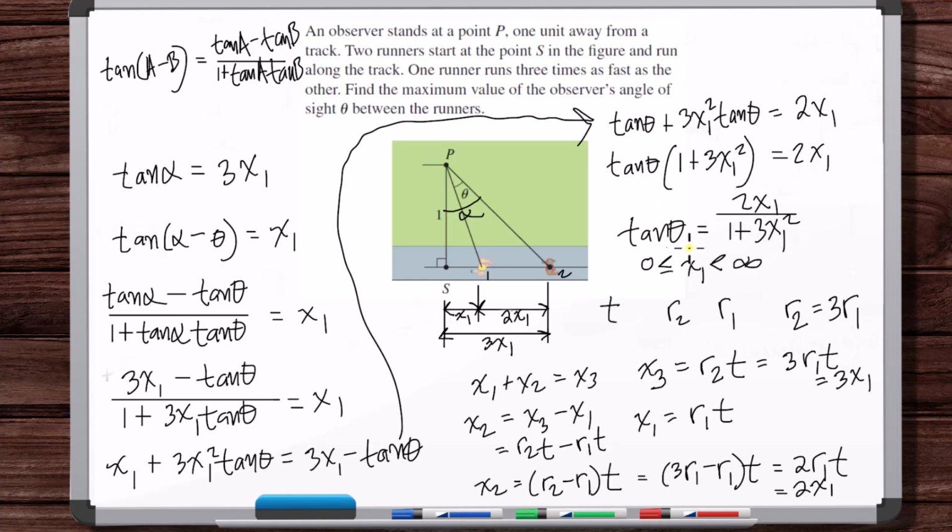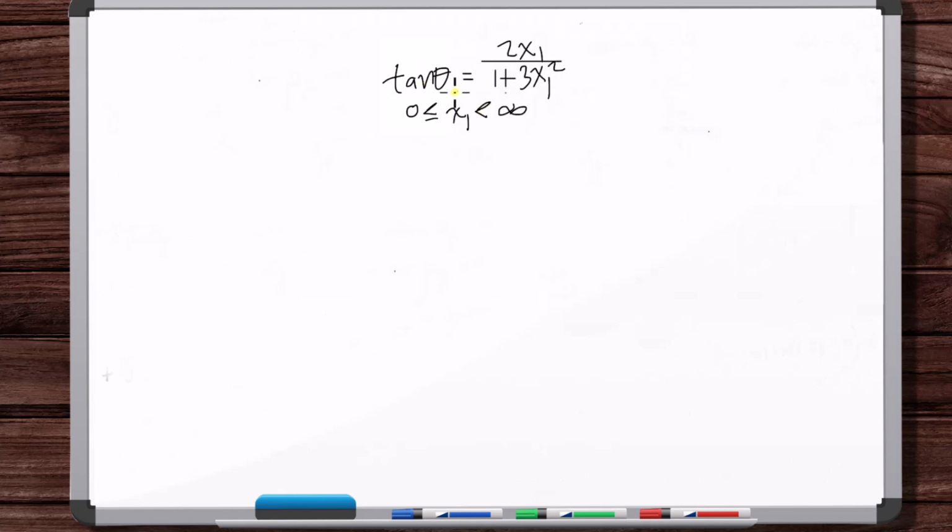So there you go. It's more of just an equation. I don't know if this is written as a function, but it's a relation between theta and a single variable. And as we saw in the textbook, we can use implicit differentiation to solve an optimization problem. So let's find the absolute maximum value of theta.